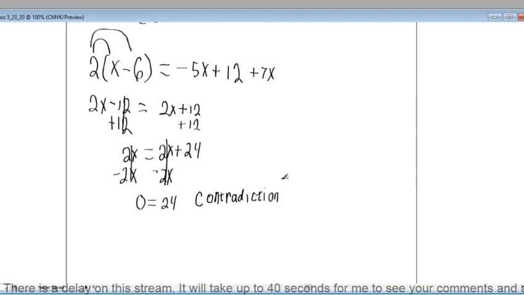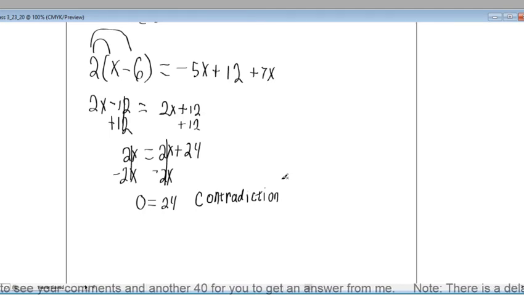So a contradiction is sort of like the opposite of an identity. In an identity, it didn't matter what we plugged in for x, anything would work. Here though, it doesn't matter what we plug in for x, nothing will work.